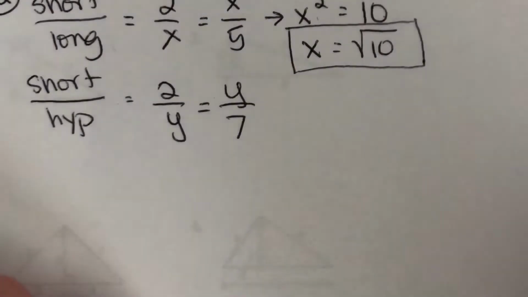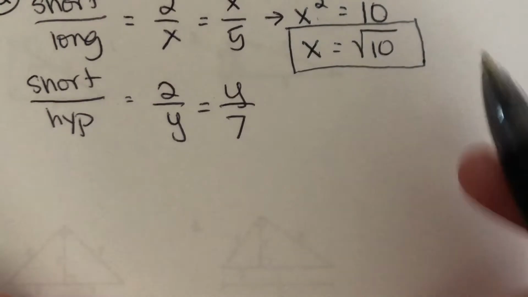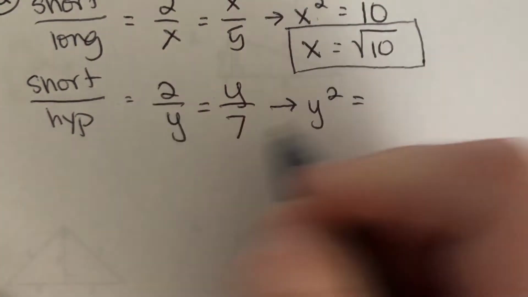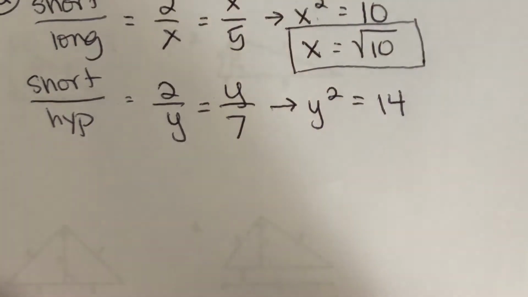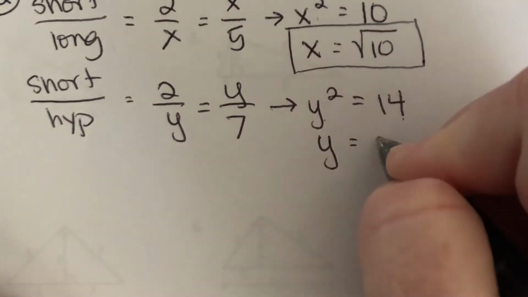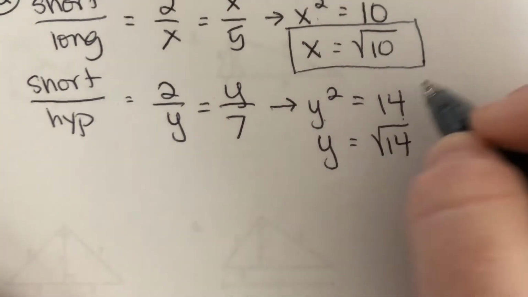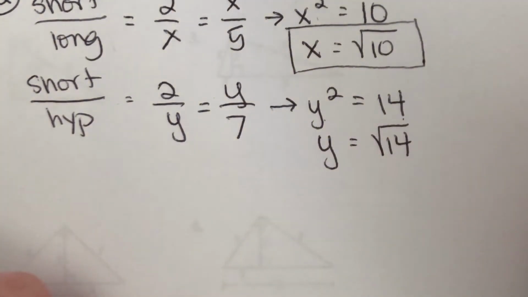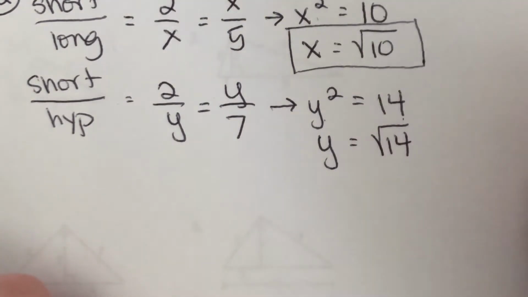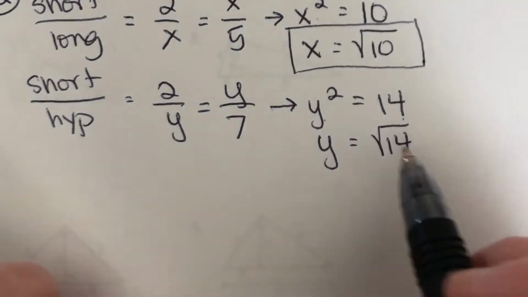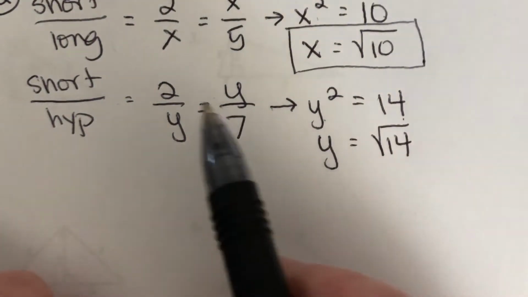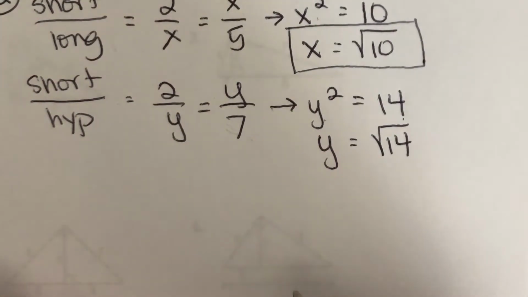Okay, once we have our proportion set up, we cross multiply, and I get y squared equals 2 times 7, which is 14. Take the square root of both sides. Y equals square root of 14. We can't take the square root of 14 without getting a decimal because it's not a perfect square. We get some long irrational number, so we just want to leave it like this. And then, of course, I can't factor anything because it's made up of prime numbers, right?